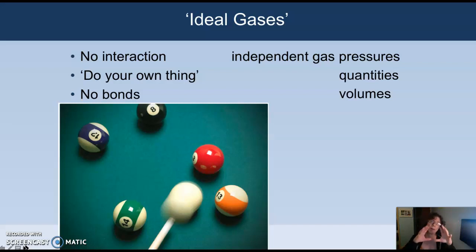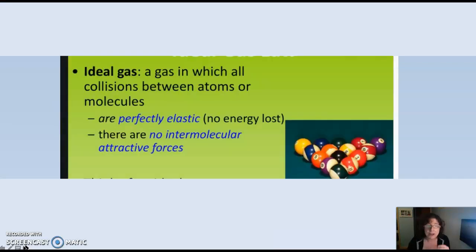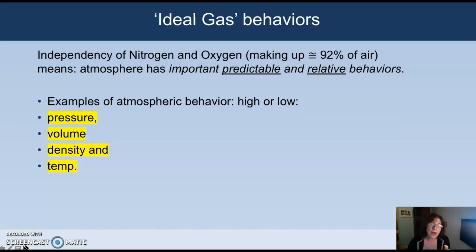So we talk about the great effect of the 92% of the ideal gases, and that overall our atmosphere functions as one ideal gas. And in talking about that, we can talk about the predictability and the relationship of the behaviors within that ideal gas.